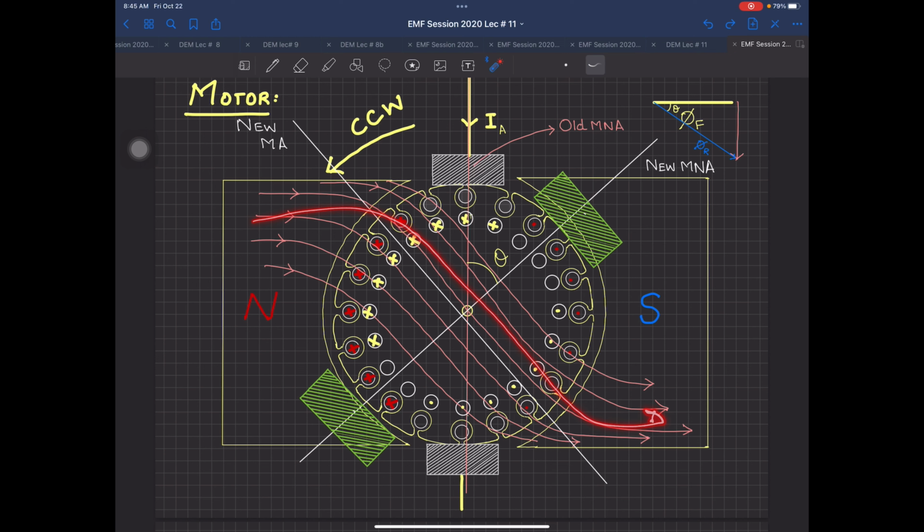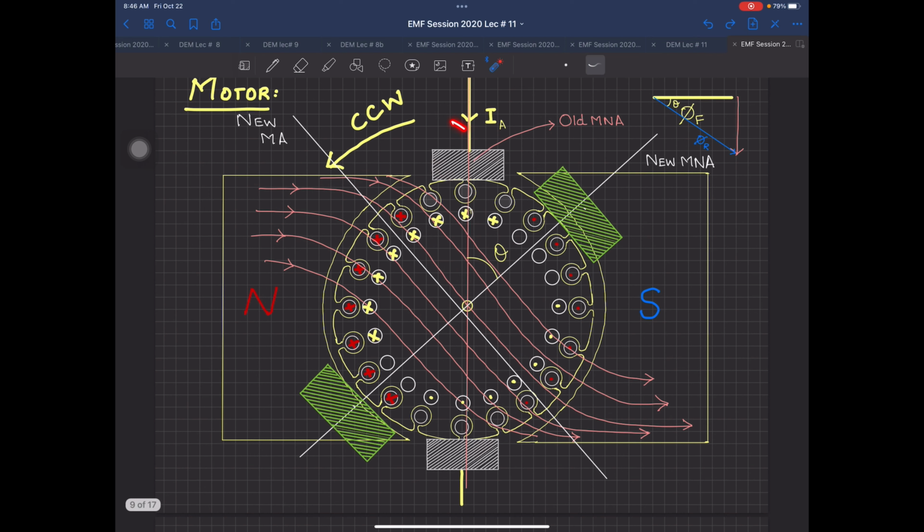A point will come when the whole magnetic field will try to flow like this, and the machine will be unable to even move. When the machine is unable to move, the whole current is flowing inside the machine and the machine is not rotating. So the machine will be burned down instantly, because when you put this much flux like this, the machine will be damaged permanently. So there has to be a remedy attached.